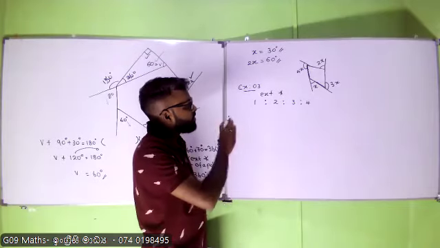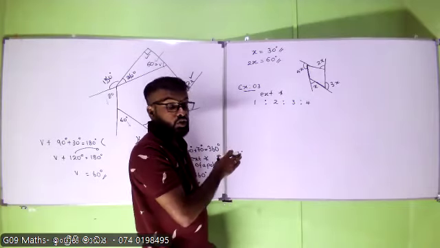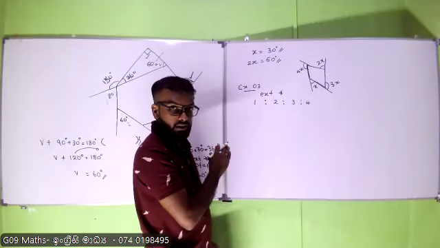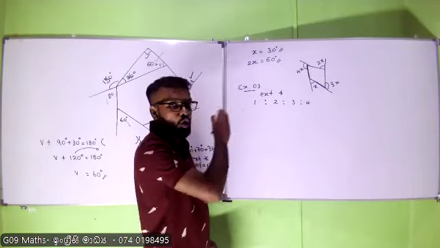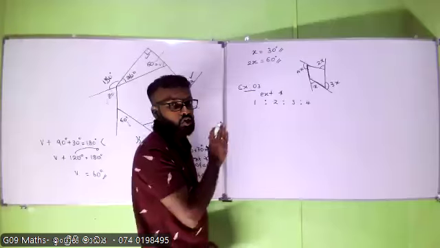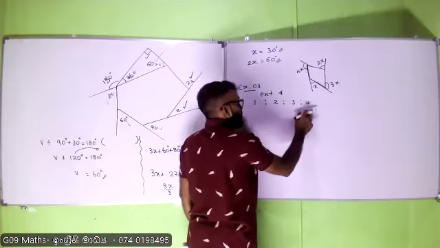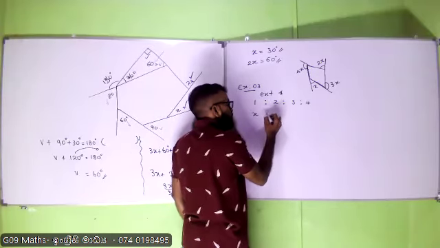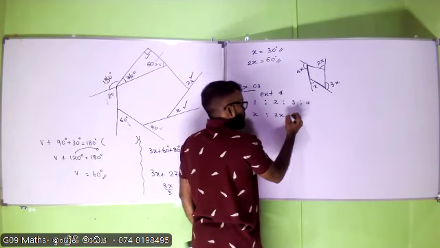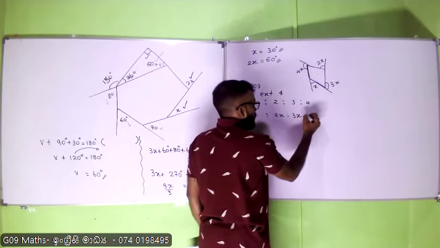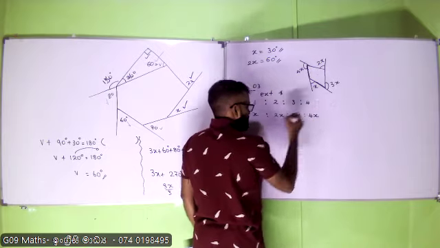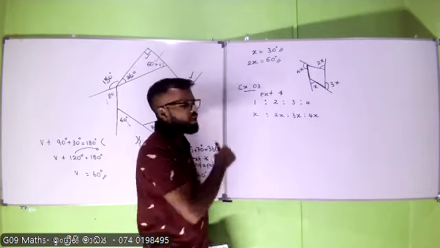But finally, the simplest ratio among all the angles is 1 to 2 to 3 to 4. That means x to 2x to 3x to 4x. So this is the meaning of that.